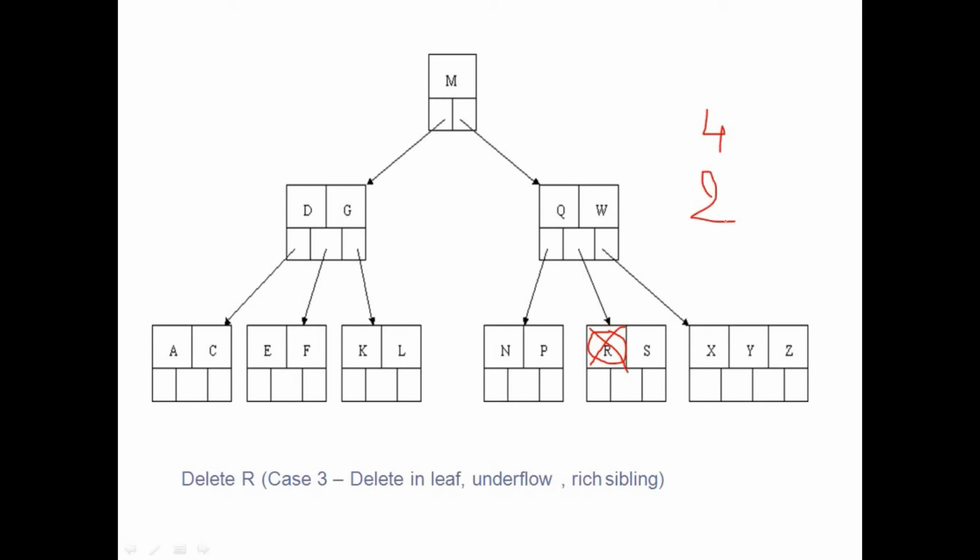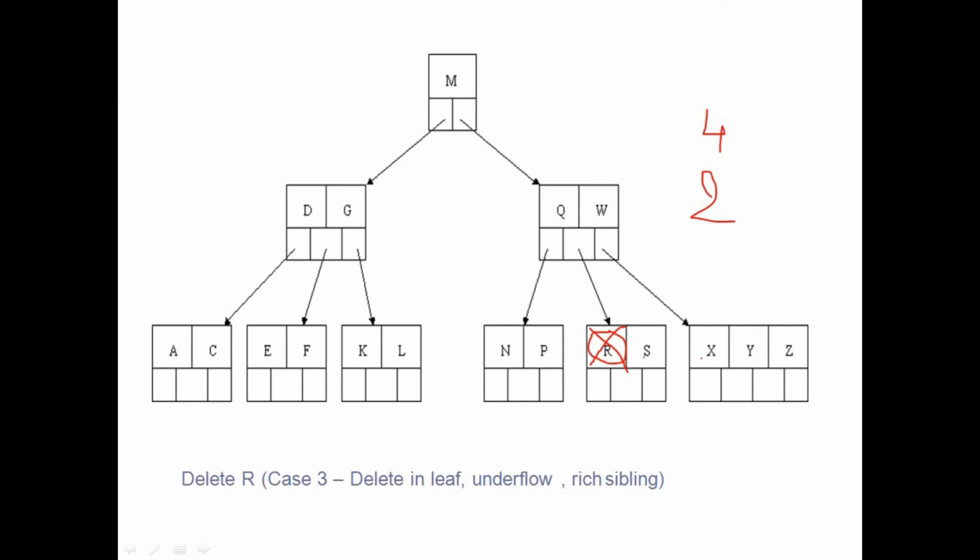After deletion of this R, it contains a single element, so it is the underflow condition. Now to resolve it, you see whether the sibling is a rich sibling or a poor sibling. The sibling of RS is XYZ, it is a rich sibling. Why? Because if you borrow one of the elements, it doesn't go into underflow.